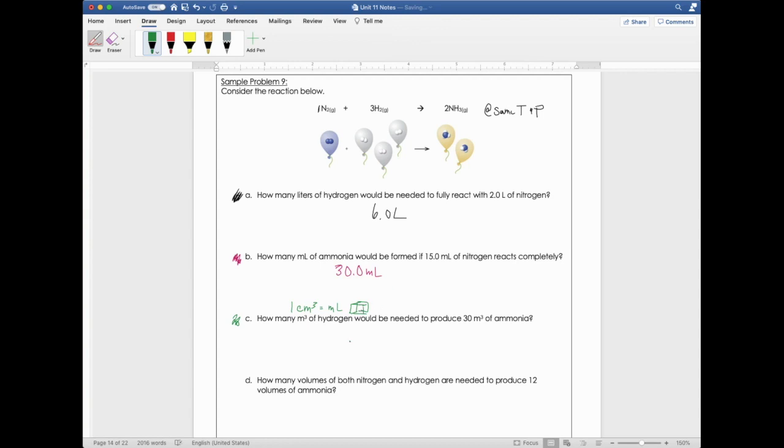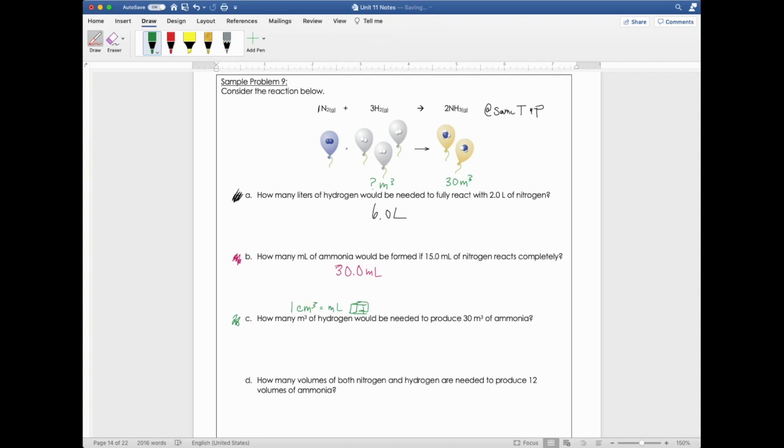Okay, there you go. So how many meters cubed of hydrogen to produce 30 meters cubed of ammonia? This one's not as inherently obvious to me, because we're not working with a 1 ratio here, but we can in fact still do this mentally. So I have 2 volumes of ammonia, and 2 volumes is equal to 30 meters cubed.